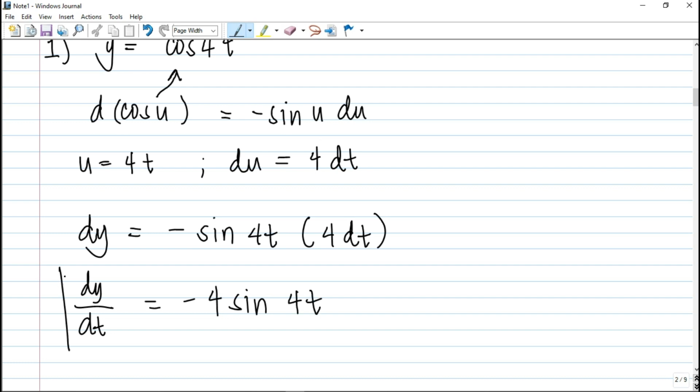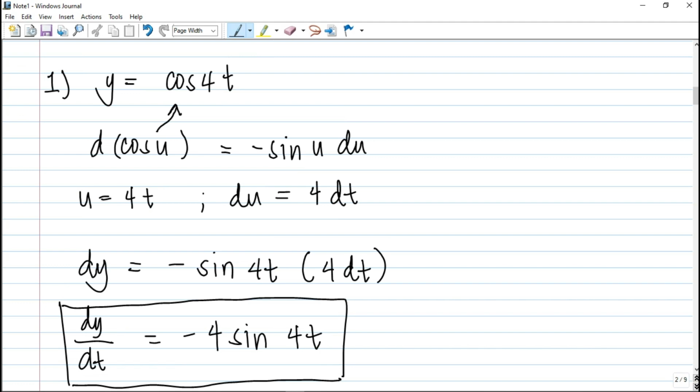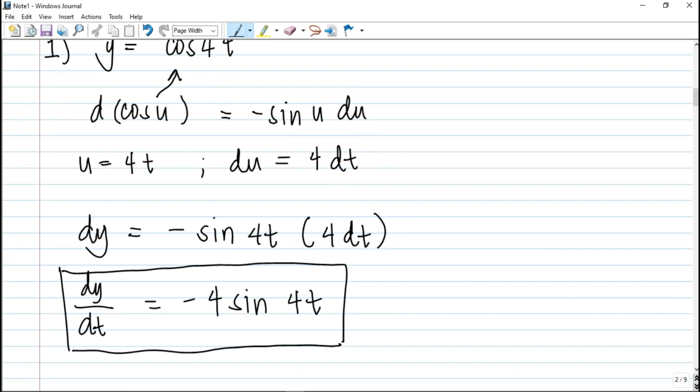So this is its derivative. That's basically how you solve these types of problems. From the given, you need to find the formula to be used. Then you use substitution, find the elements of the formula, substitute them, then simplify. You have your final answer. Let's proceed to our next problem.